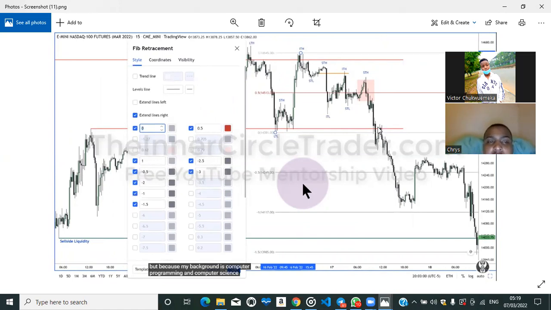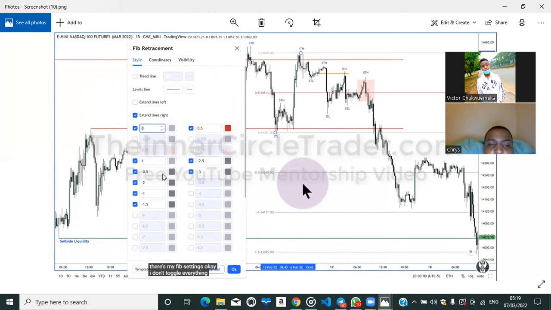Can you see my cursor, bro? Yeah, you can see that red line he drew out. Can you hit X on the fib retracement so I can see the market structure? Yes, this is his settings, and I've applied those settings.